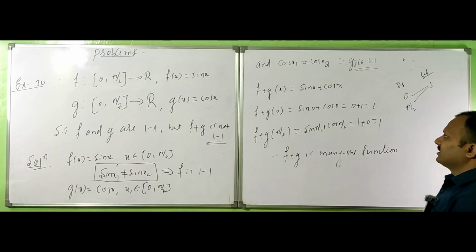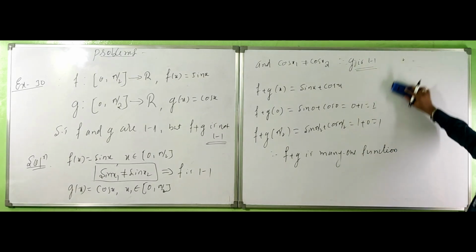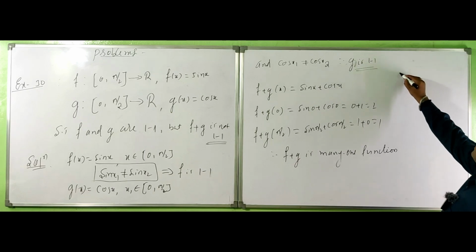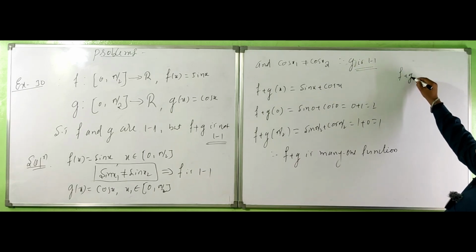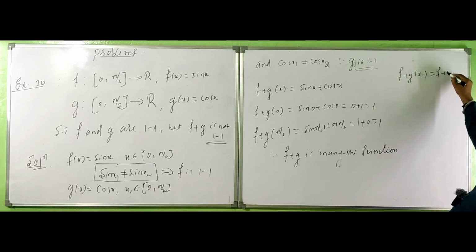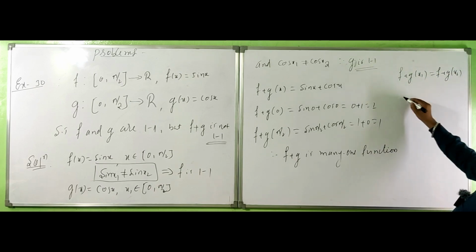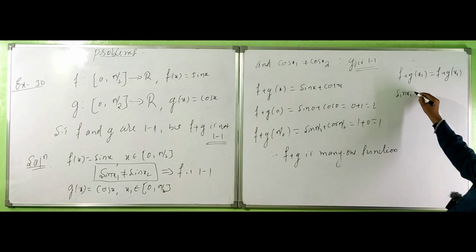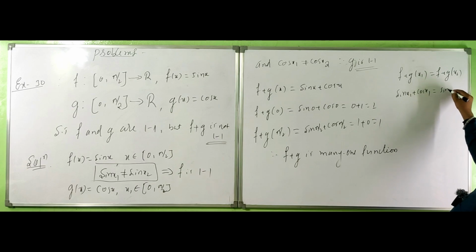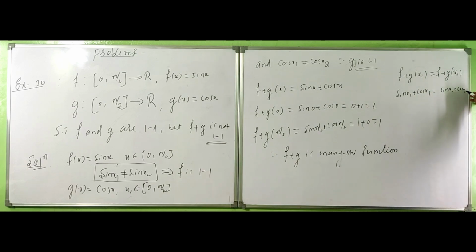Let's see one simple graph here, not a big one. Let's prove it by the theory method. f plus g of x1 is equal to f plus g of x2, means sin of x1 plus cos of x1 is equal to sin of x2 plus cos of x2.